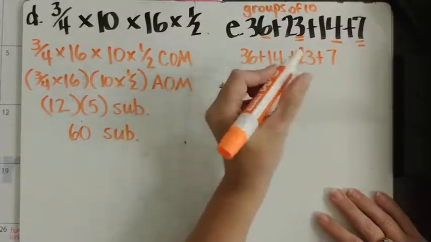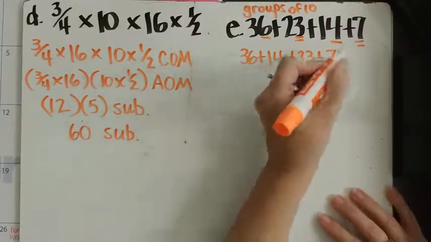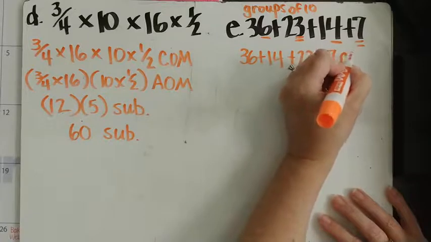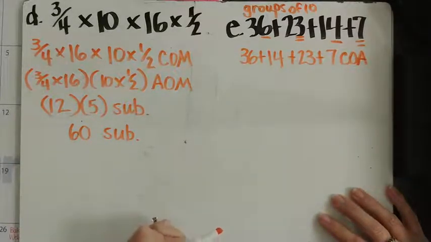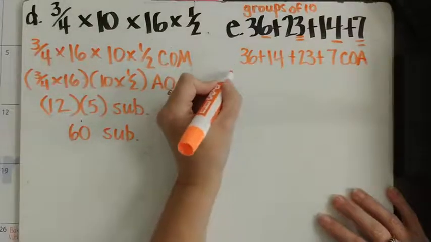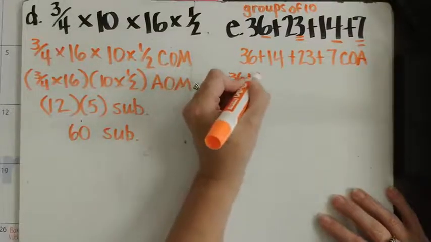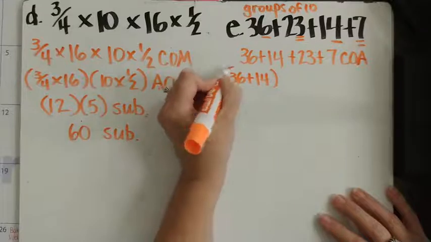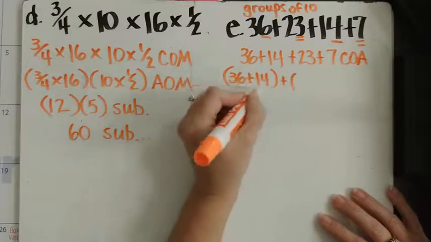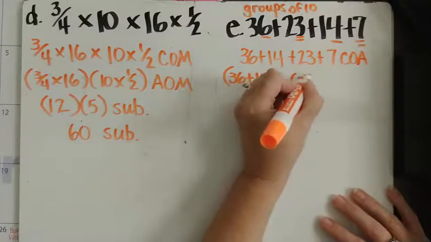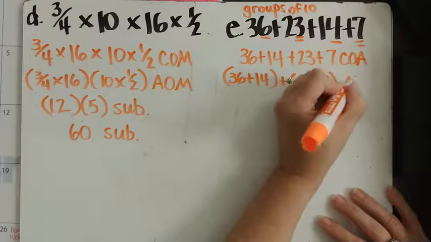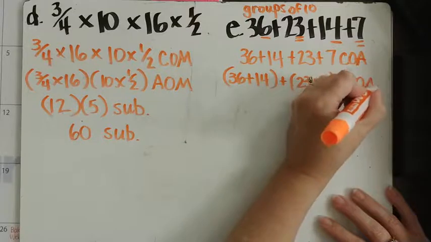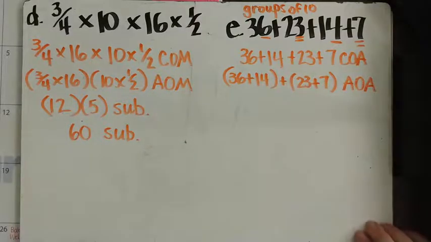And we're adding, so just rearranging these is the commutative property of addition. Now I want to group together the numbers that I'm adding together first. Adding these two, and then the last two. And this grouping is called associative property of addition.